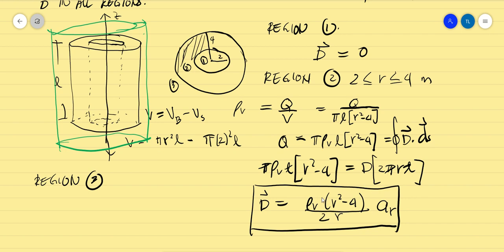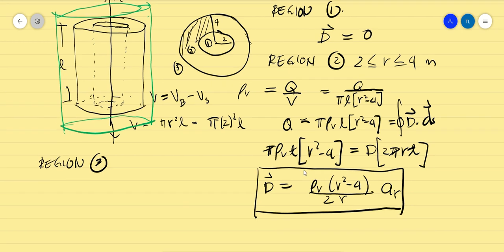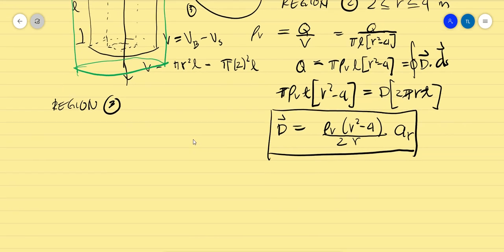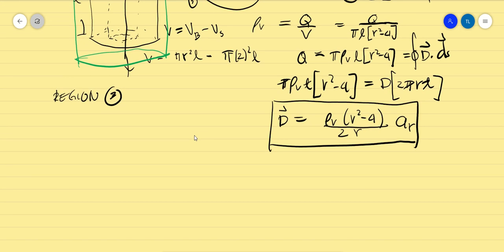It's not just r squared minus 4, because that would be the total charge from 2 to 4, which is region 2. So every step you need to consider it. But here, all of the charge should be inside.